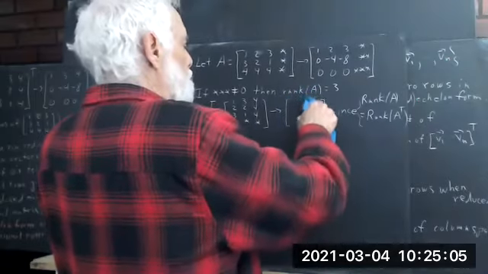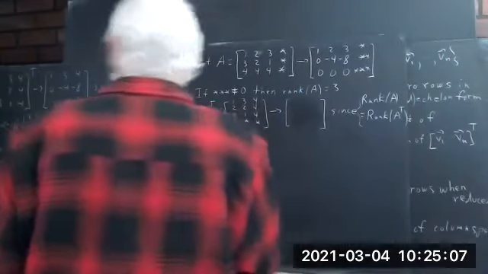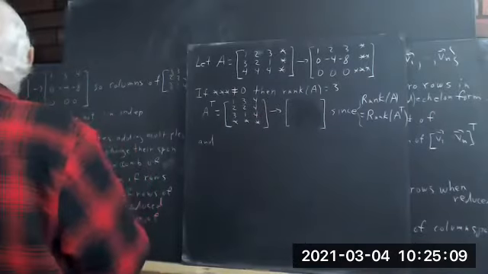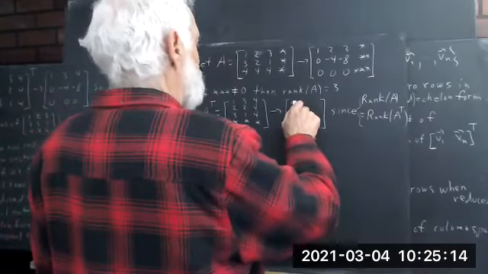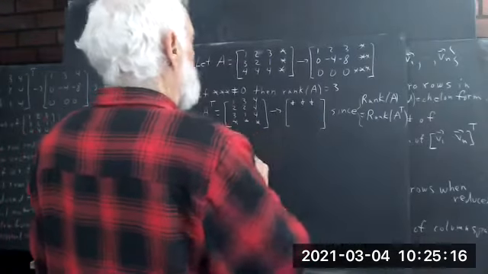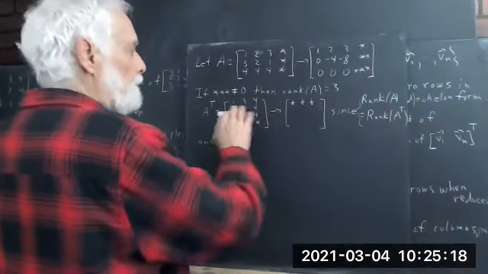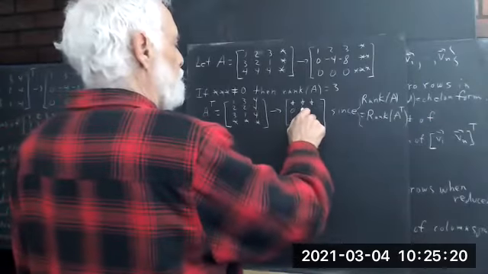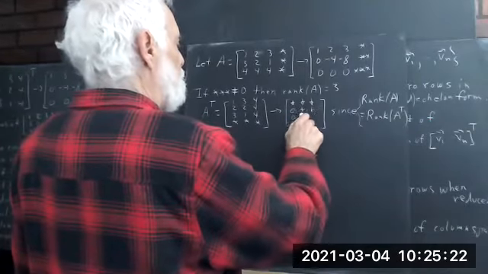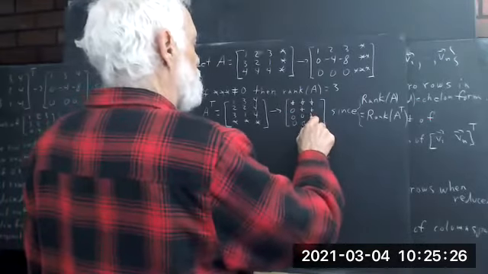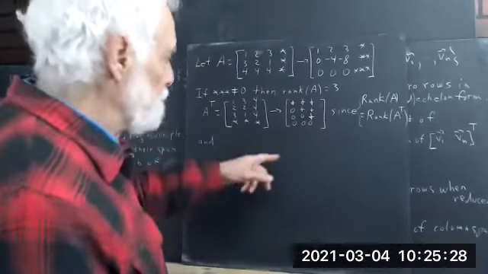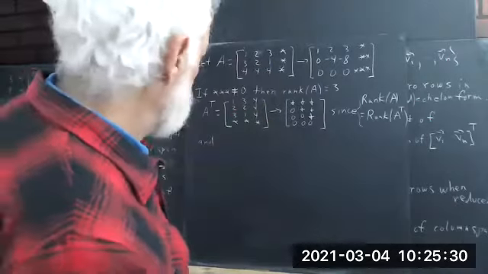But we talk about reducing this to echelon form. The echelon form here would consist of a 0 here, 2 zeros here, and then a row of zeros. So I wrote that down carelessly.